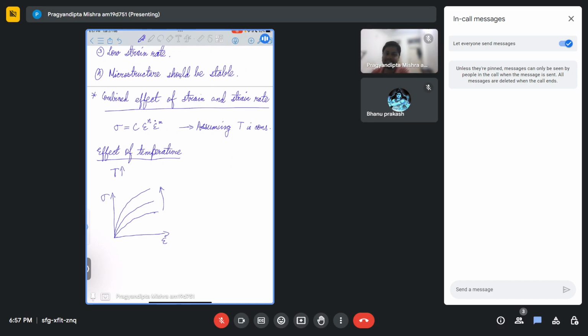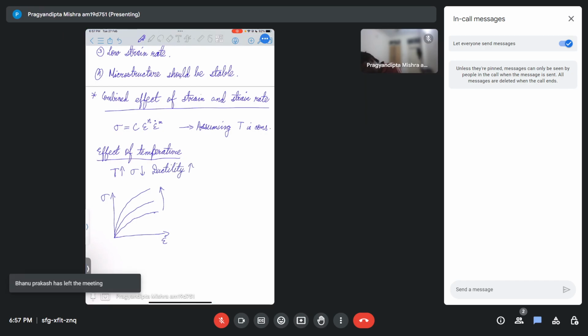Now think about superplasticity. What is happening at superplasticity? The ductility is increasing, right, at lower stress value. So with increase in temperature, your stress value will decrease and your ductility will increase. So this signifies increasing strain rate or decreasing temperature.